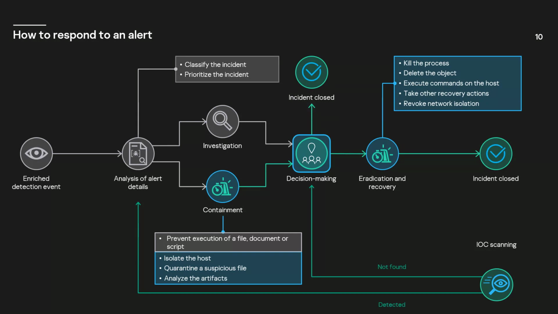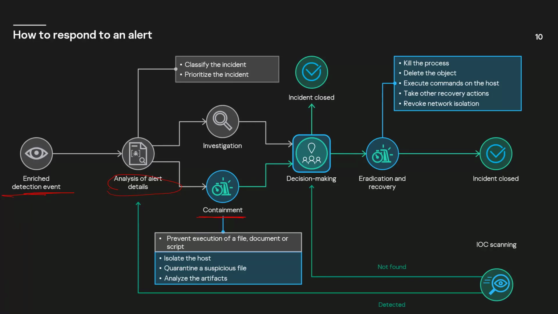Here on the slide, you see the incident response cycle. It begins with an event which produces the enriched event card. A security specialist analyzes this security event and classifies it as a false positive or true positive. If it is a true positive, we need to investigate it, and usually the first step performed by a security specialist is containment.